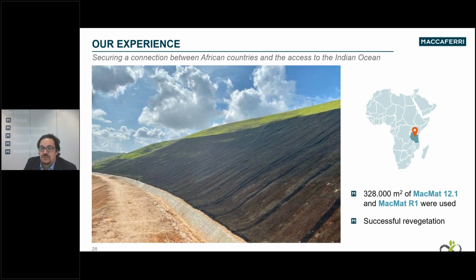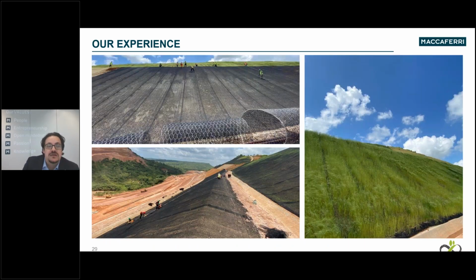So this will connect Tanzania to Congo, Rwanda, Uganda, and so on with the Indian Ocean. So it's a strategic railway structure. In that case, the use of MACCAFERI was to protect the embankment from soil loss from erosion, so as to minimize also the maintenance in terms of stability and to avoid the soil loss.